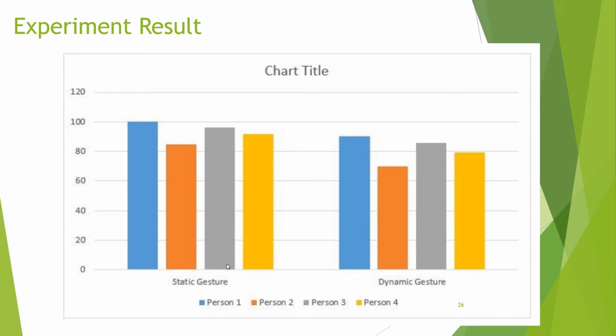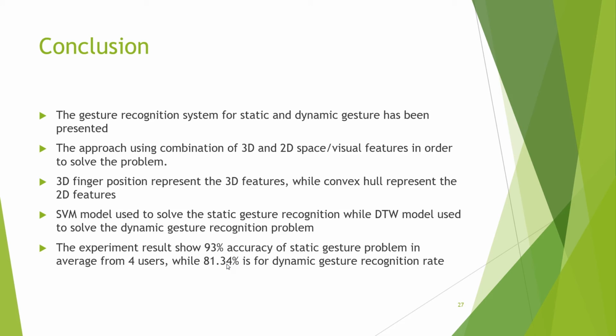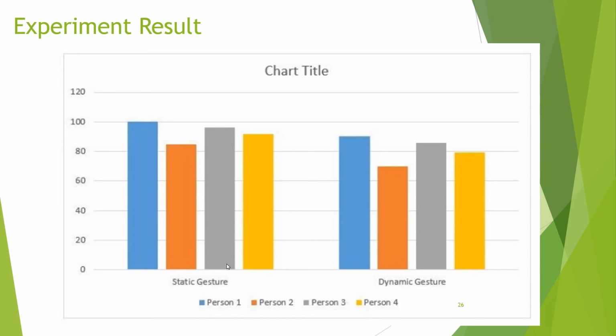For the results, we have several persons here, for static and dynamic gestures. The average for the static gestures is 93% accuracy, and for the dynamic gestures we have 81.34% accuracy.